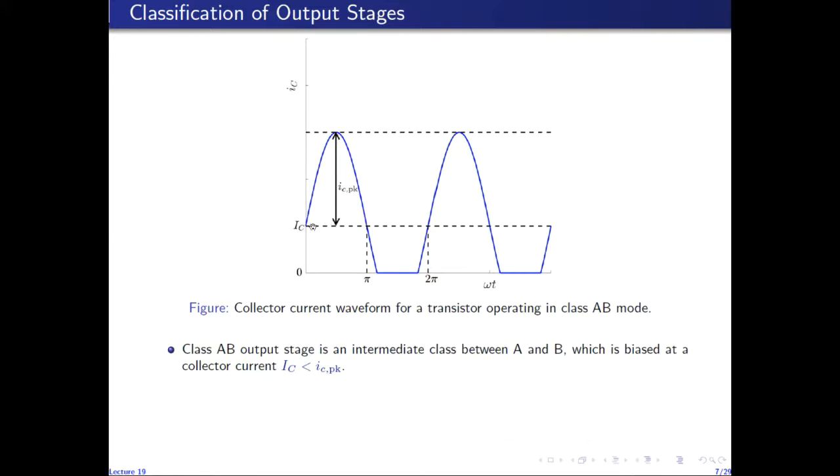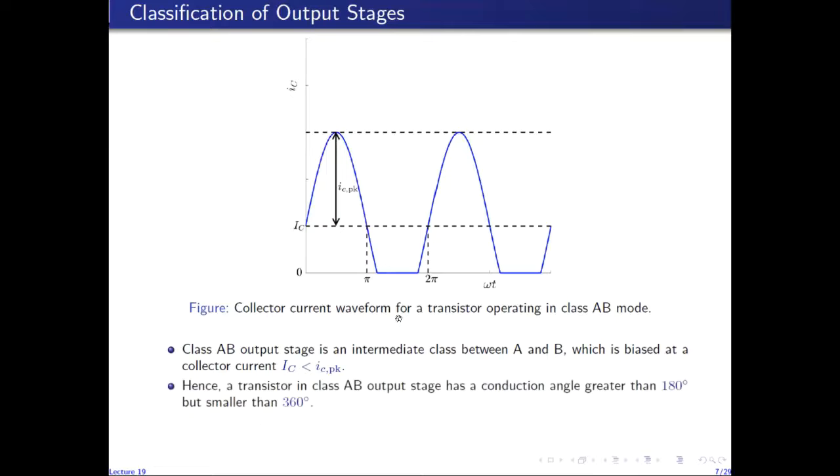Since it is biased at a current IC which is greater than 0 but smaller than the peak value of the current, the transistor will conduct for the complete half cycle, and then it will partially conduct for the other half cycle, because the transistor cannot conduct negative currents. When the overall instantaneous value of the current becomes negative, the transistor goes into cutoff.